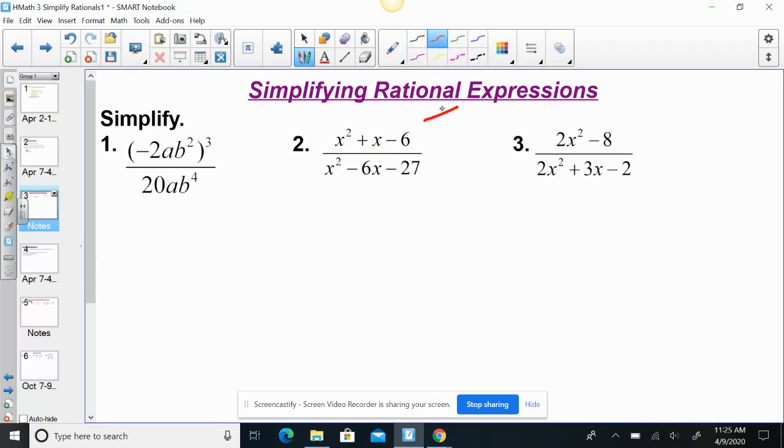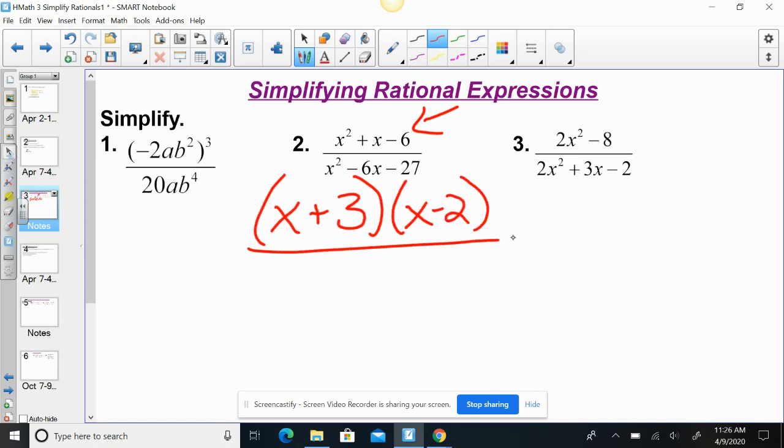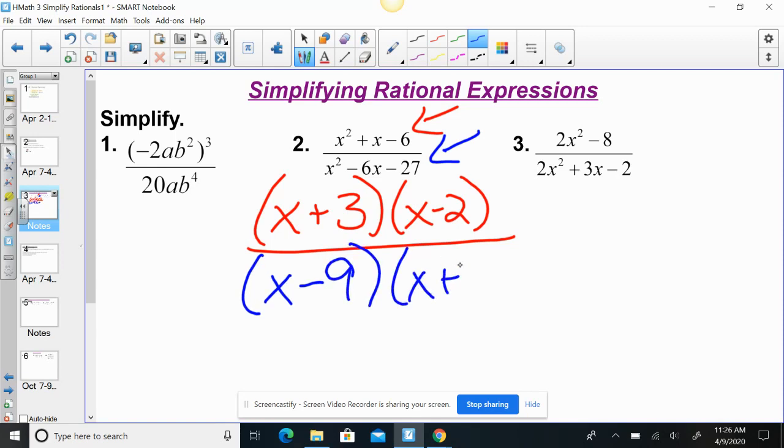All right, so this is a normal trinomial. I'm just thinking multiply to be negative 6 and add to be 1. So my numbers are going to be positive 3 and negative 2. And then on the bottom, I want to multiply to be negative 27 and add to be negative 6. So I can do negative 9 and positive 3.